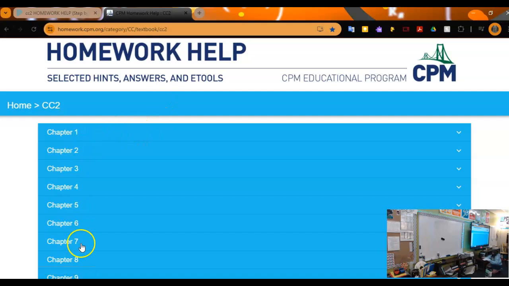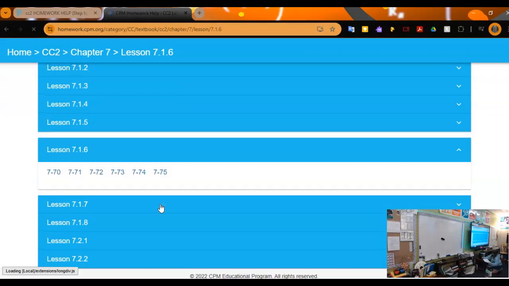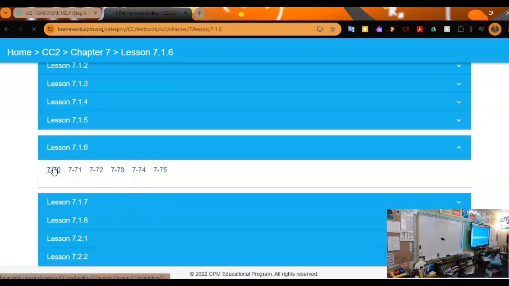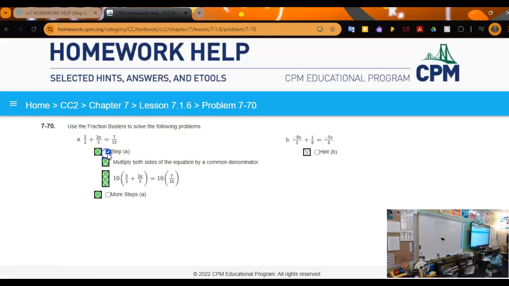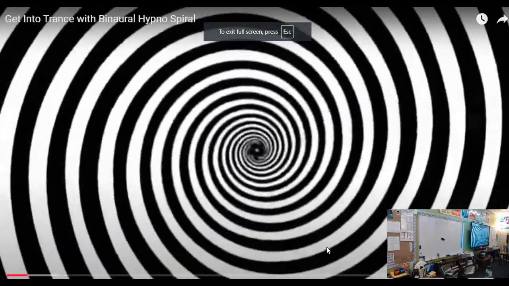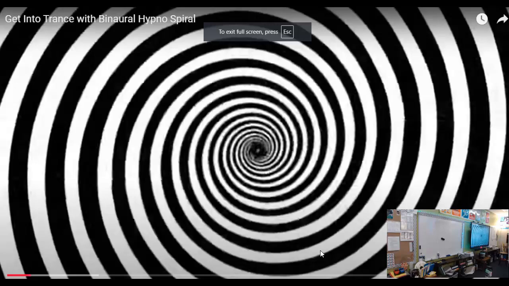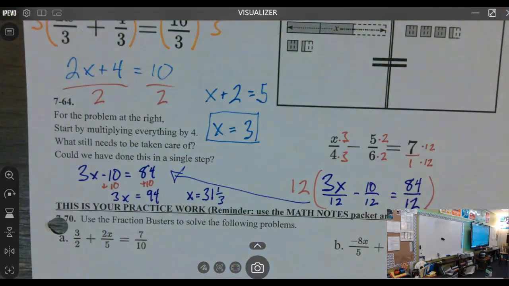Like in 770, how Kyrie just asked me, wait, what's Fraction Busters again? I wasn't quite sure, so I went there, and hey, they show me what to do. Now, if that doesn't help brainwash you into believing that homework help is a useful tool. Homework help is a useful tool. Homework help is a useful tool. Homework help is a useful tool. Okay, I think homework help might be useful too. I think that is helpful.